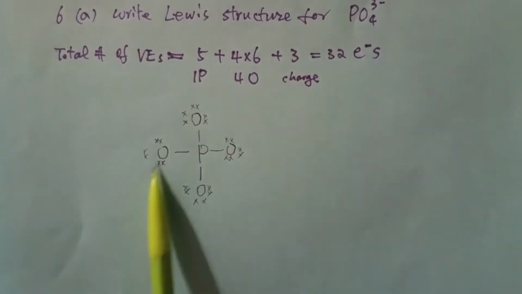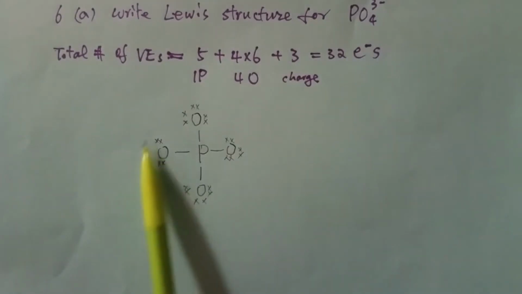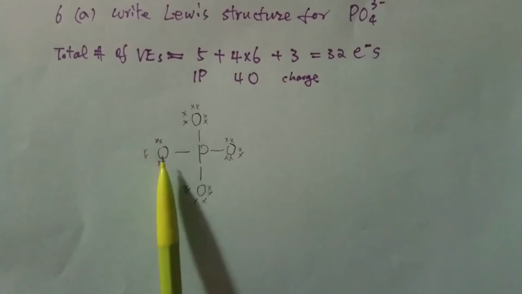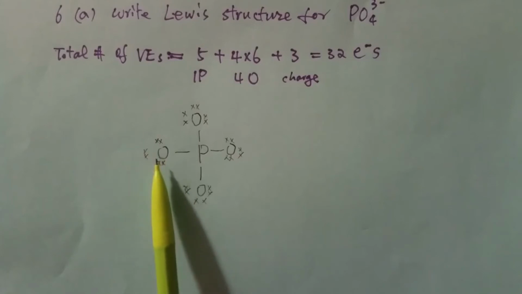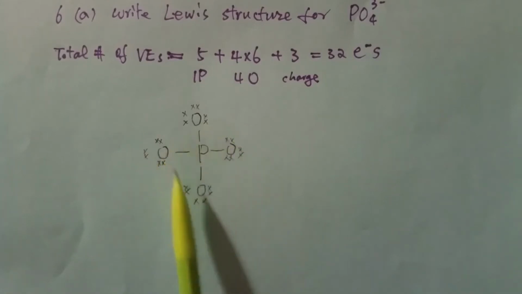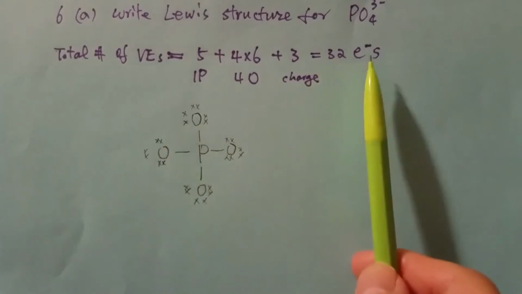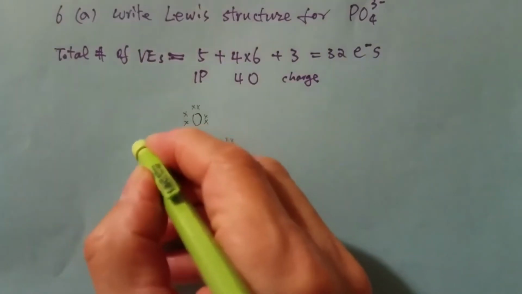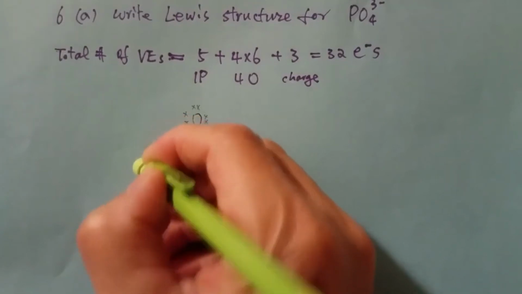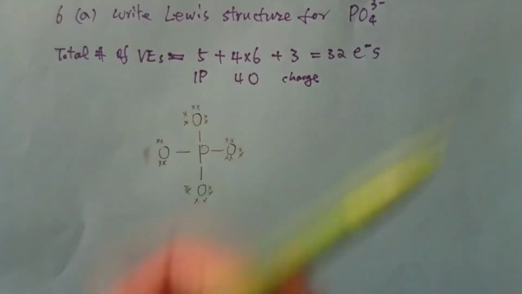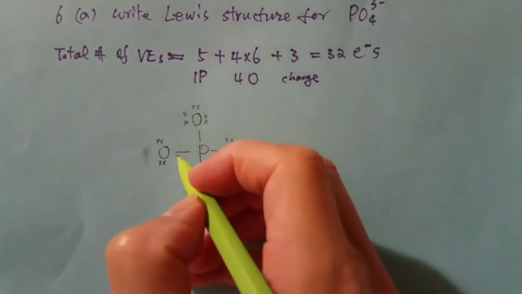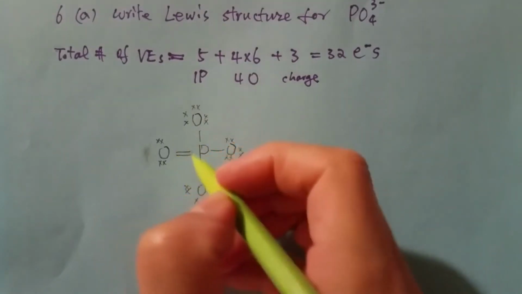Now, for the last pair of electrons, there are 2 ways of placing them. One way is as a lone pair attached to this oxygen. Then we would have already used all 32 electrons. Another way is to use them as a bonding pair, which means we draw a double bond.